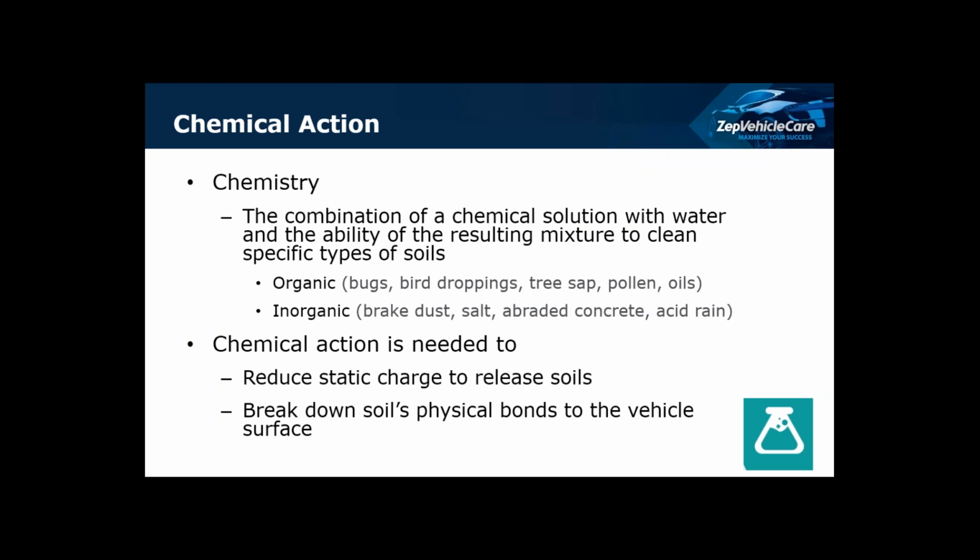And I know the age-old question is, what's the charge of a vehicle going down the road? We've always been told it's a positive charge. So a vehicle going down the road does create a charge which will attract soil, and so you need to use the right chemistry to break that static charge and release that soil from the surface.